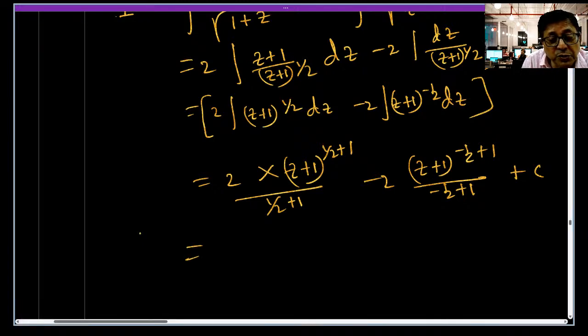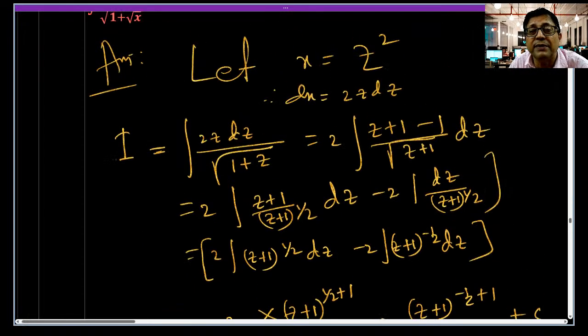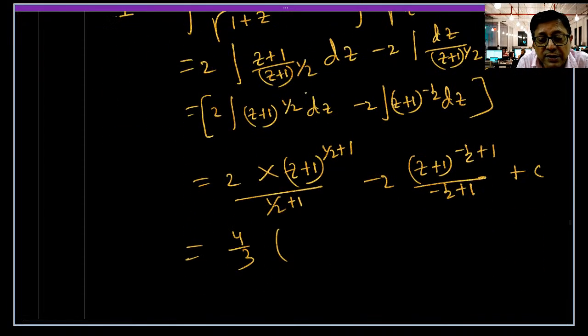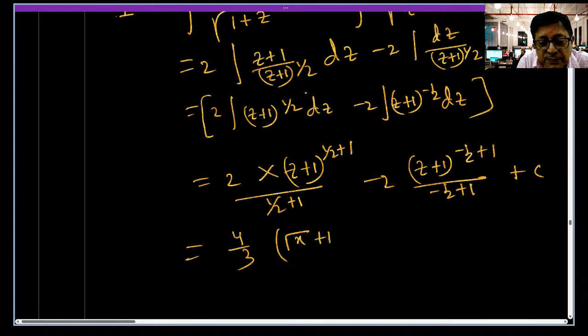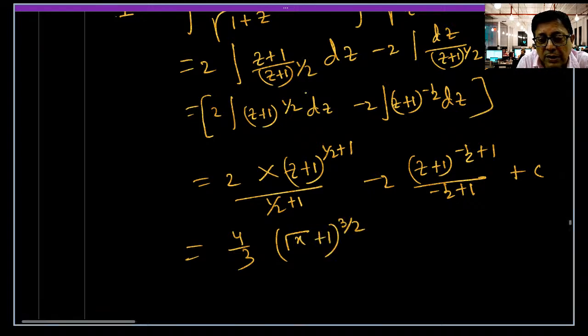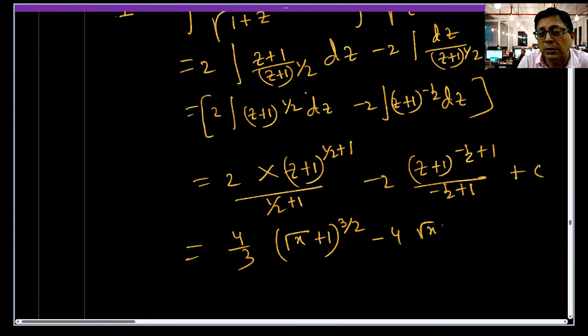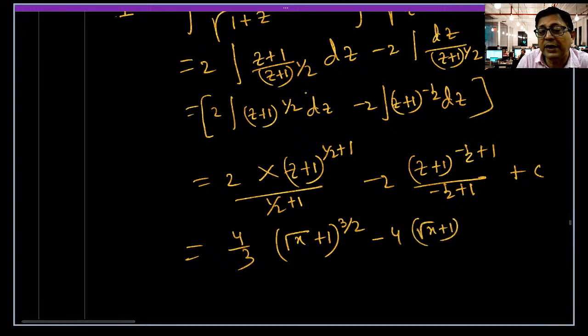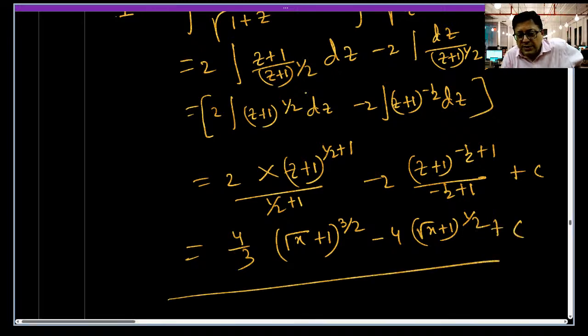So simplify. 2 will go. 4 by 3. Z is what? What you have taken the value of z? Z is root x. So it will be root x plus 1. And this is minus 4. 1 minus half is half plus c. Finished. Sum is done. Clear?